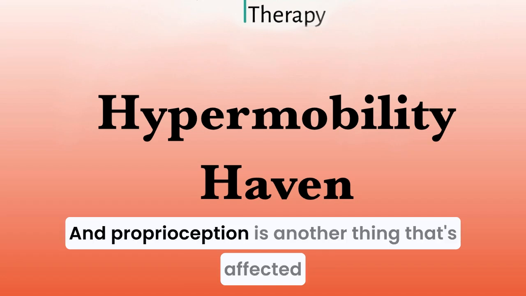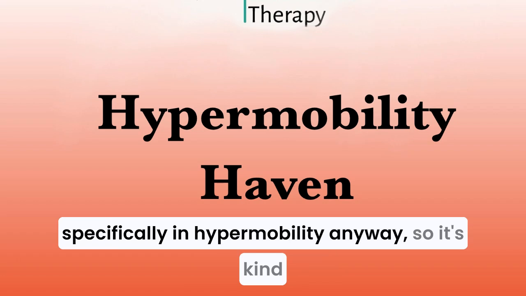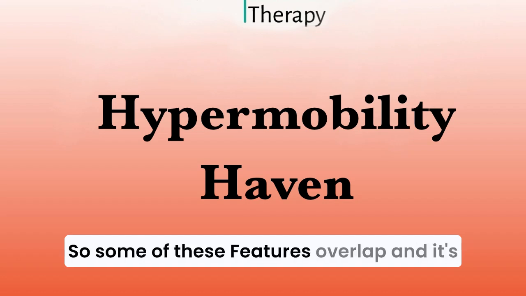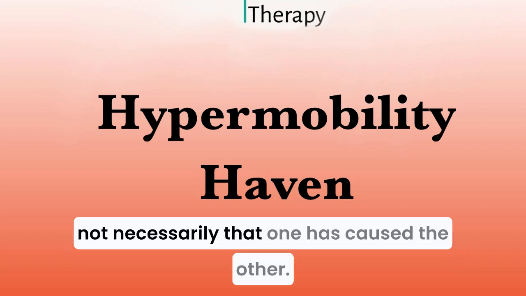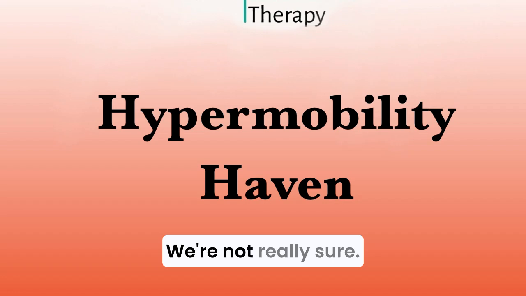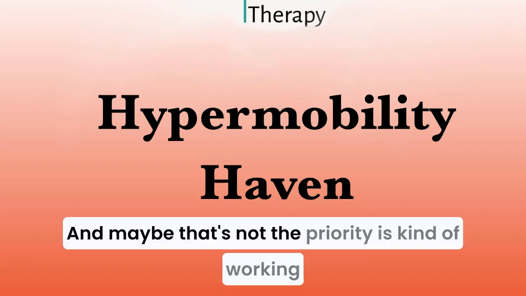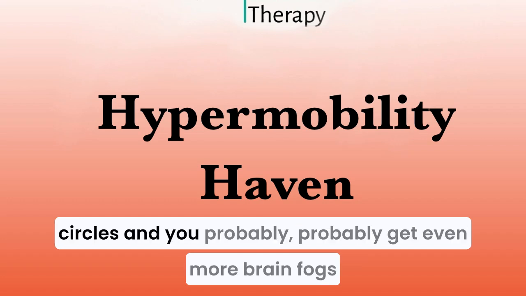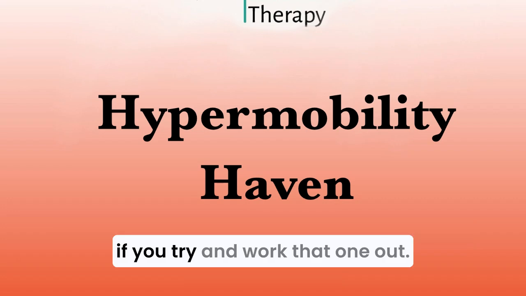Proprioception is another thing that's affected specifically in hypermobility anyway, so it's amplifying that feature of the condition. Some of these features overlap, and it's not necessarily that one has caused the other. We're not really sure, and maybe that's not the priority. You'll just go round and round in circles, and you'll probably get even more brain fogged if you try and work that one out.